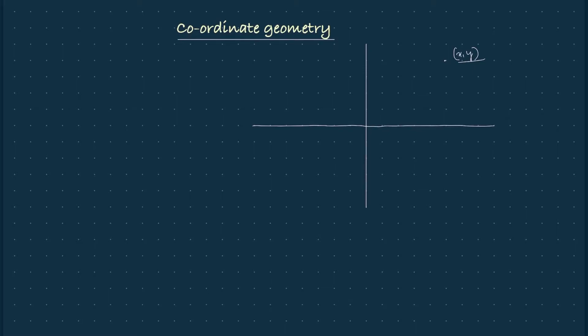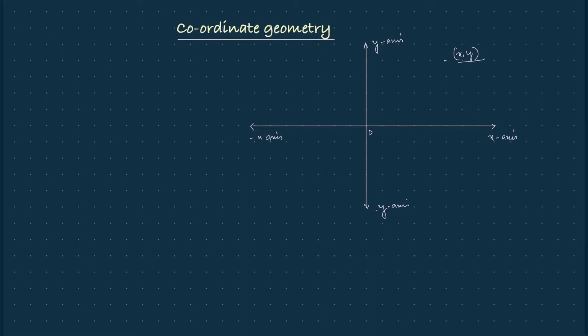I will name the intersection point the origin. To the right of the origin is the positive x axis, and left of the origin is the negative x axis. From the origin upward is the positive y axis, and downward is the negative y axis.